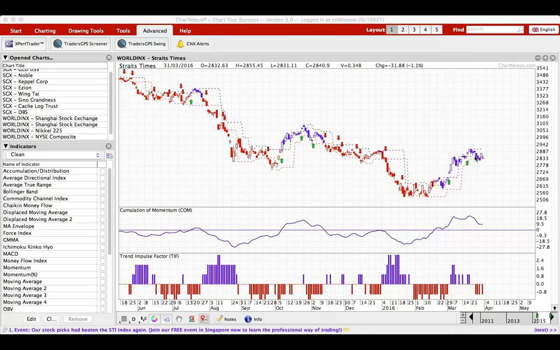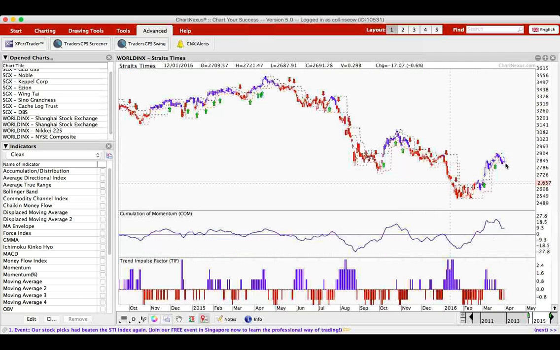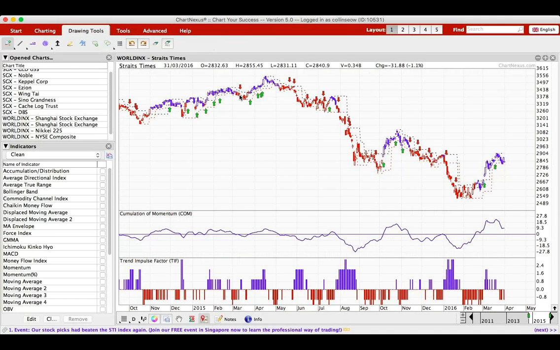Previously it was a strong uptrend. Can you see from here? It was a strong uptrend, and now it has turned to a weak uptrend. If you draw a trend line, you can see something like this, you can draw a trend line down.